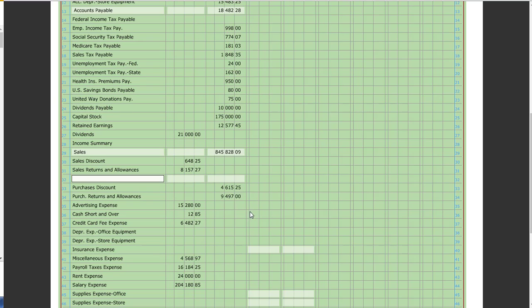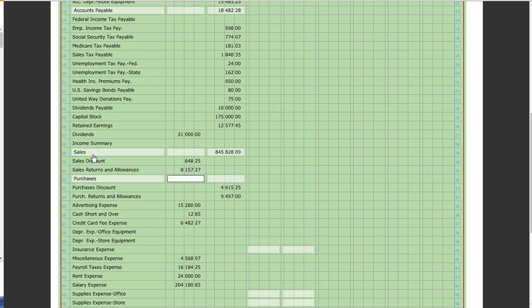$828.09. And the last one we have is purchases. Classification. This one's a hard one. It's not an asset. It's not an expense because it doesn't have the word expense in it. It's not stockholders' equity. It's not a liability because it doesn't have payable in it. There is another one, okay?